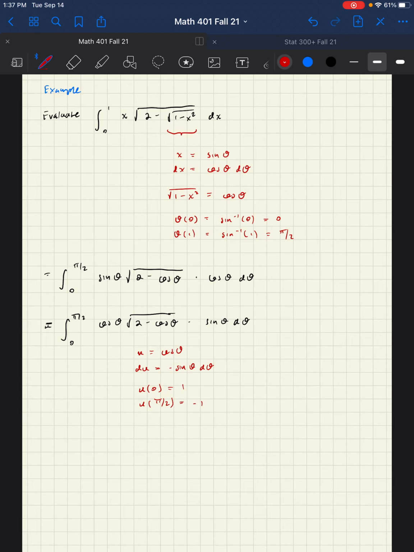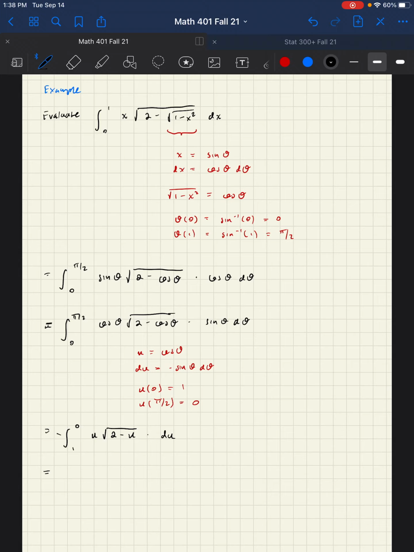Pi over 2. No. Negative 1. No, again, that's also wrong. Cosine of pi over 2 is 0. Okay, there we go. This means it's going to be the integral from 1 to 0 of u times the square root of 2 minus u times du.